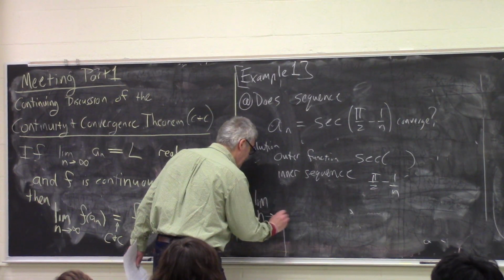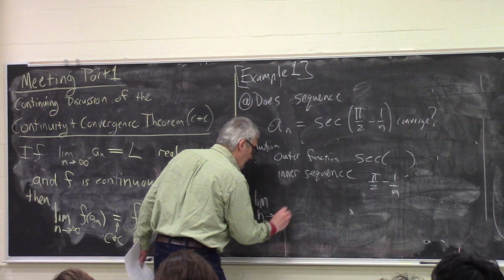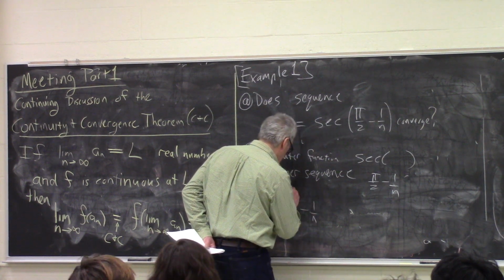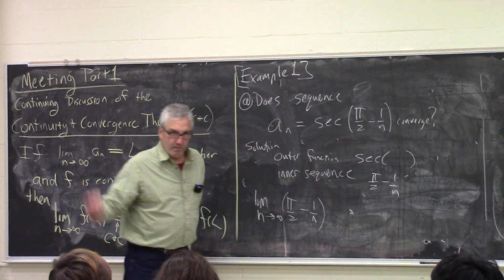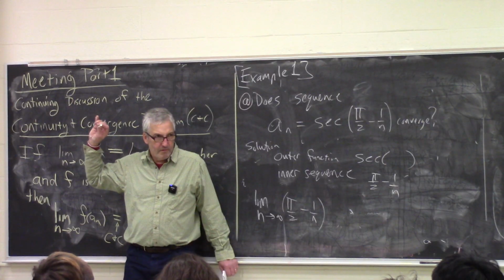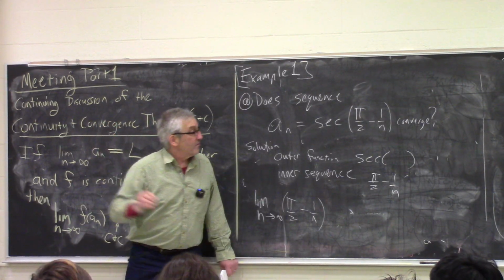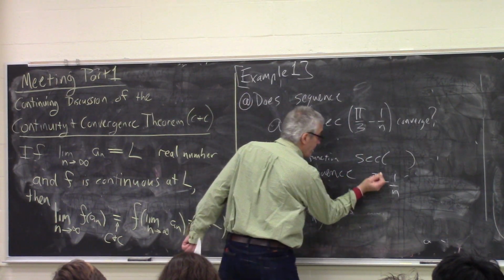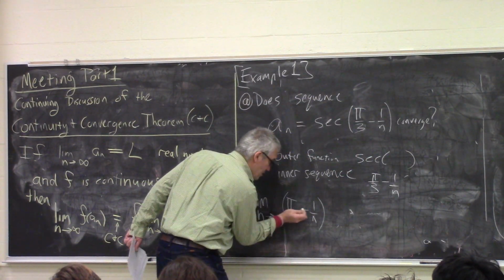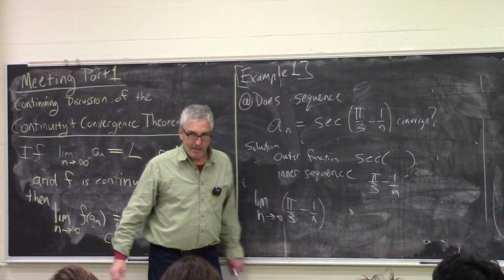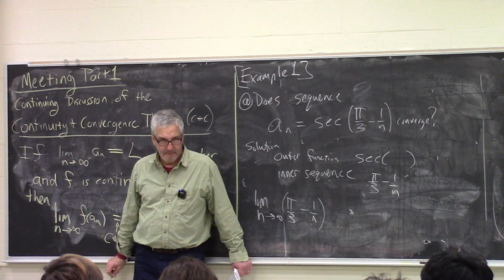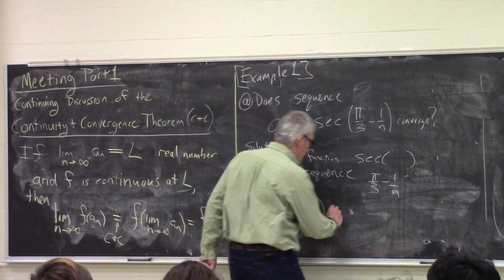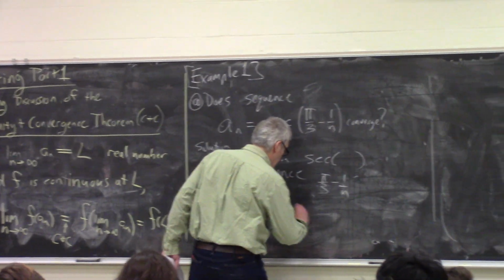The limit as n goes to infinity of pi over 2 minus 1 over n. Anybody want to tell me what they think that limit is? Pi over 3? What is that limit? Yeah, because this term is getting closer and closer to 0, so this is the number pi over 3.